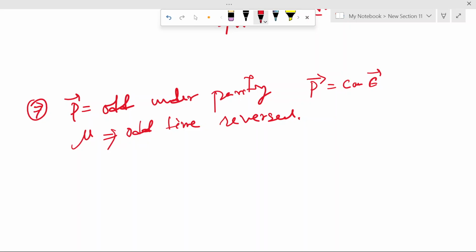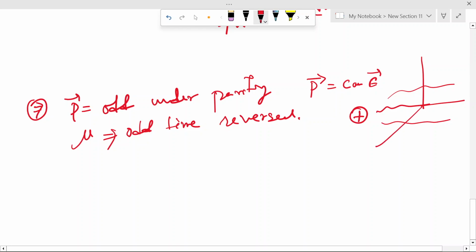Now you can think, what is electric field? If you set up a charge plus something here, now you have an electric field generating from this position. Now you set up any position R here. From here, the electric field at plus R and the electric field at minus R cannot be the same usually, because electric field decays, right?